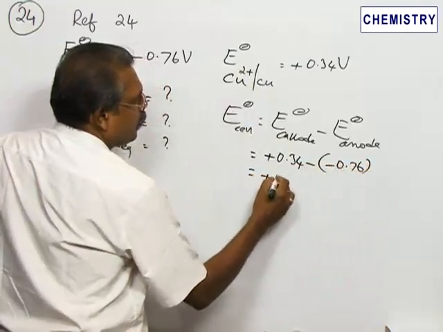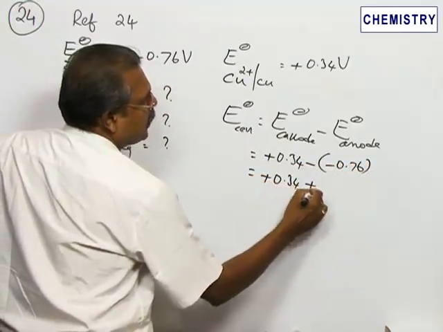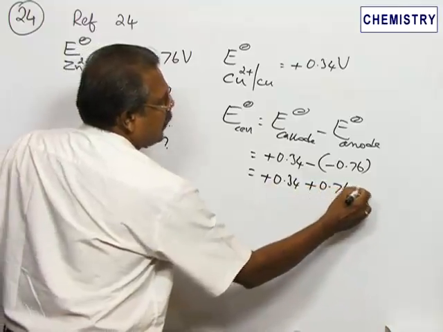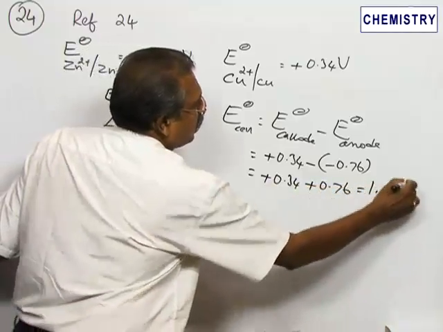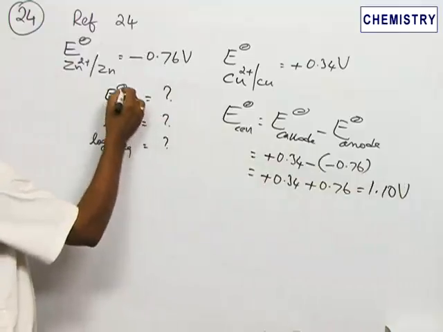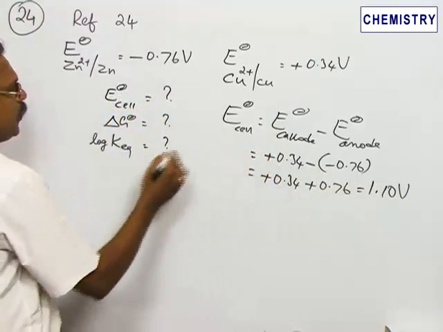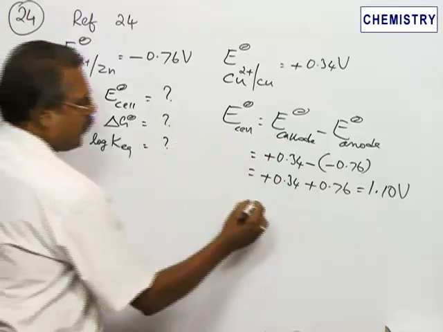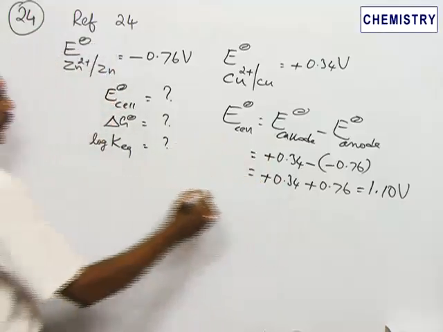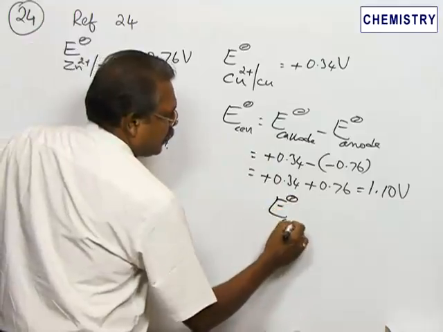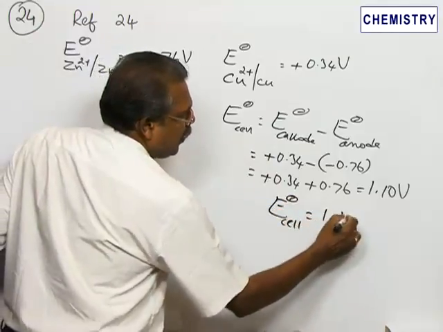That gives 0.34 plus 0.76, which is equal to 1.10 volt. So the standard EMF of the cell, E cell, is equal to 1.10 volt. The first question is answered.